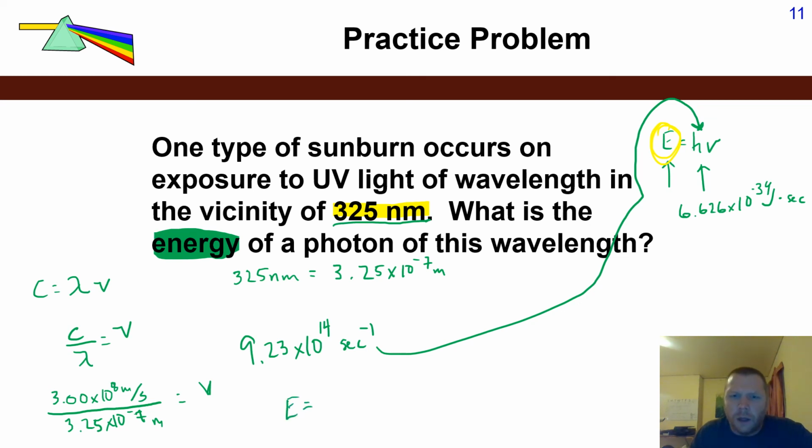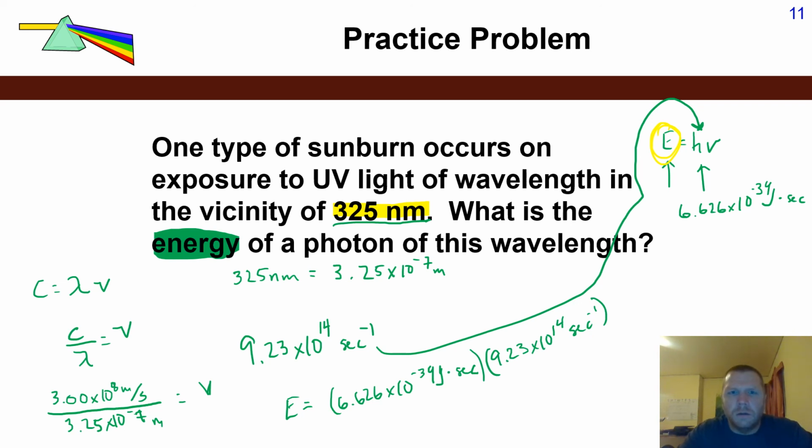So E is equal to 6.626 times 10 to the negative 34th joule seconds, not joules per second, times 9.23 times 10 to the positive 14th inverse seconds. Whenever you plug those two numbers in, multiplying by one another, what you get is maybe a little bit alarming.